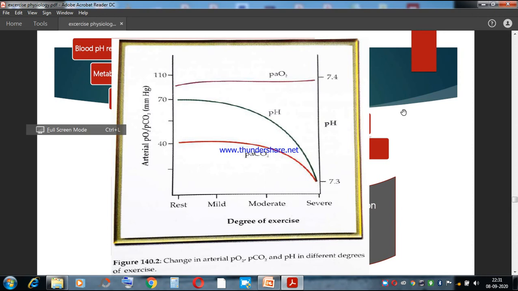There will be decline in pH, and also the partial pressure of CO2. And the pH, you can see it also moves in the direction of acidic environment because of increase in production of carbon dioxide and H+. So you can see only the partial pressure of oxygen is somehow maintained, but the partial pressure of carbon dioxide is increased, and hence the pH will be in the acidic environment, right?